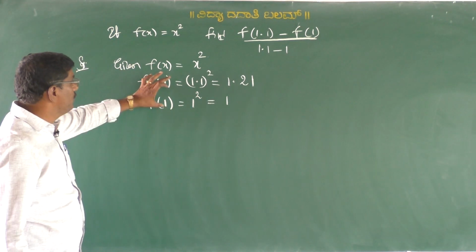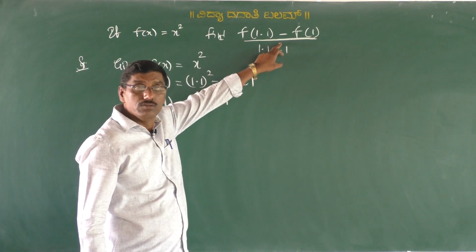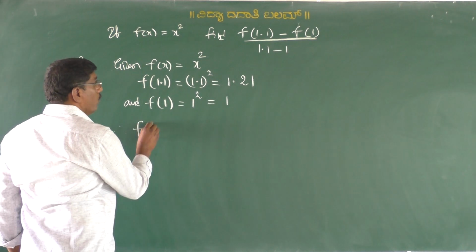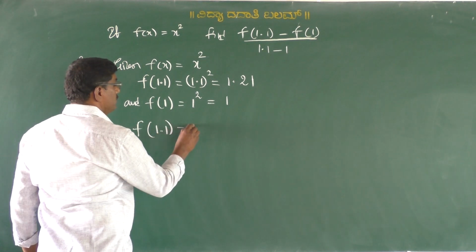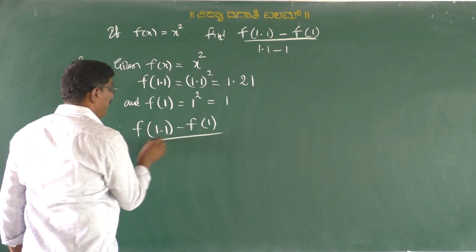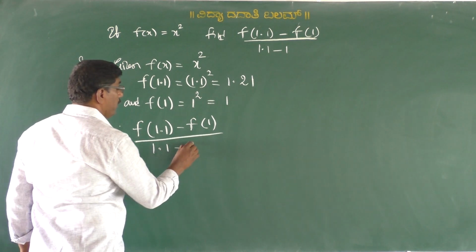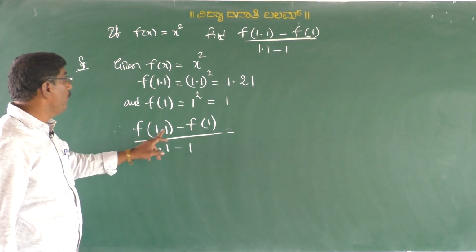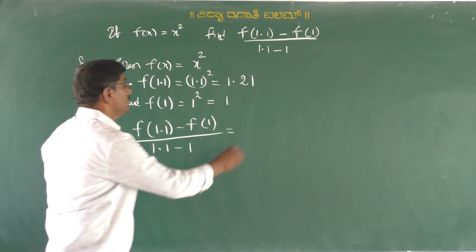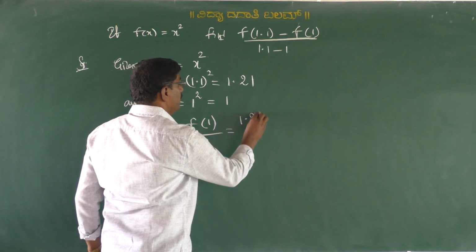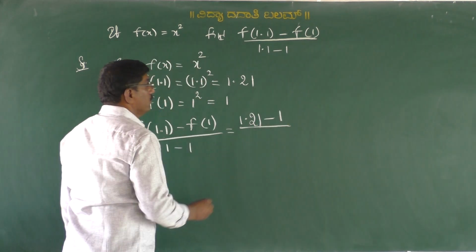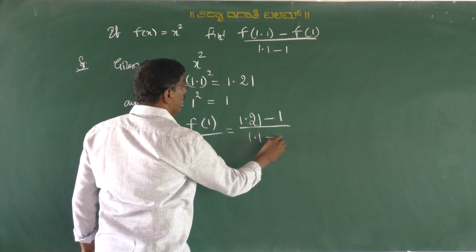Now substitute these two here. Therefore, f of 1.1 minus f of 1 divided by 1.1 minus 1 is equal to f of 1.1, that is 1.21, isn't it, minus f of 1, which is 1, divided by 1.1 minus 1.